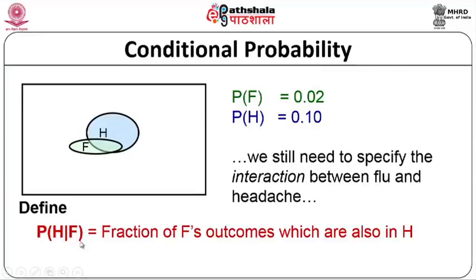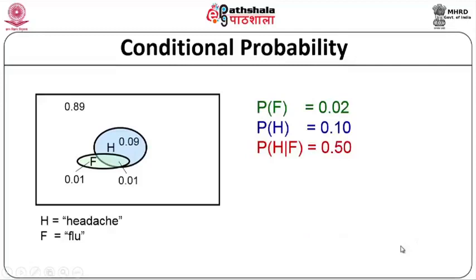So, how this notation, probability of H given F, may be read is as the fraction of F's outcomes which are also in H. We know the probability of patients having flu is 0.02, the probability of patients with headache is 0.1, and the overlapping region is determined by this conditional probability. The probability of a patient with the flu also having a headache is 0.50.